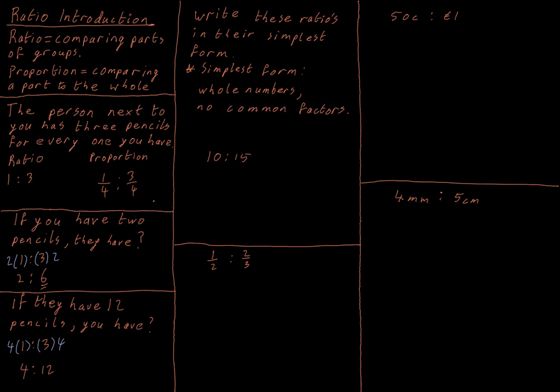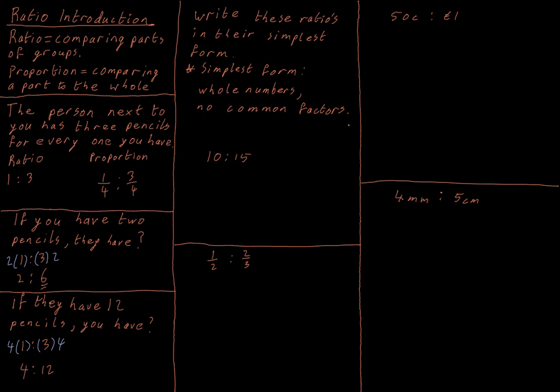Now, let's take this and look at another definition that can be important in these types of questions. We want to write all of these ratios in what's called their simplest form. Simplest form just means that the ratio is written in terms of whole numbers, like 1 and 3 are whole numbers; 1/4 and 3/4 are not whole numbers, they're fractions or rational numbers.